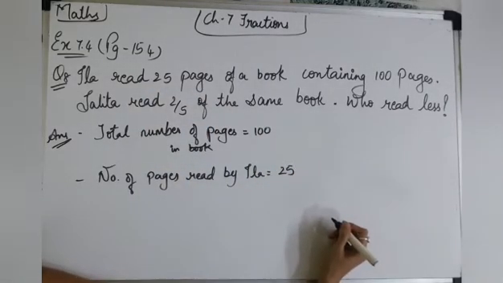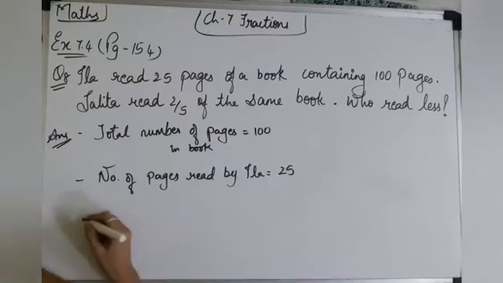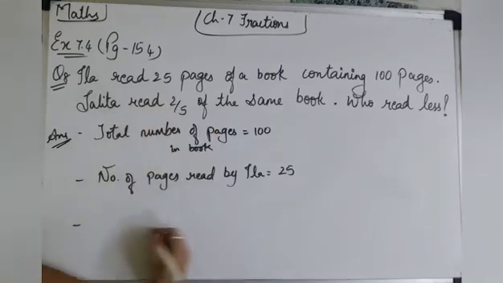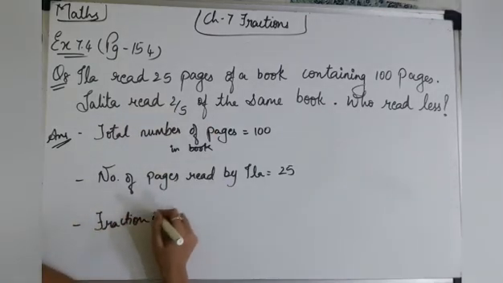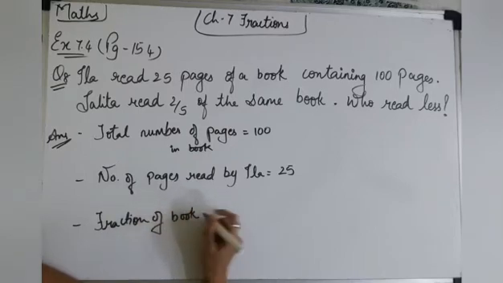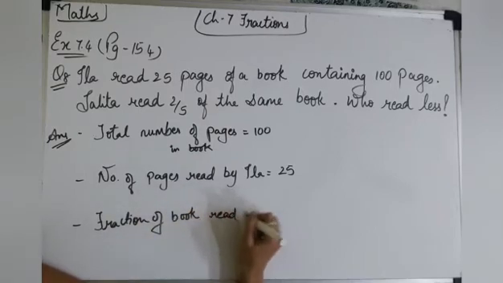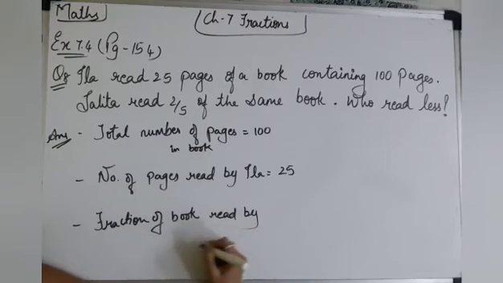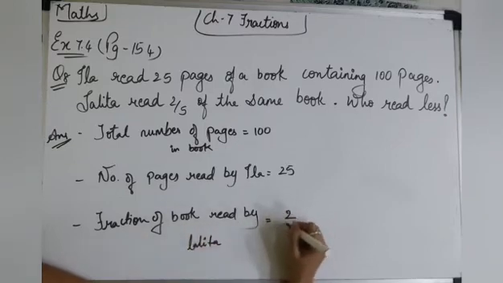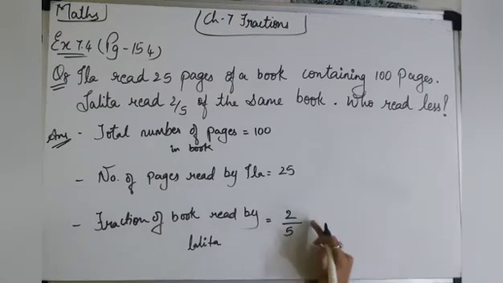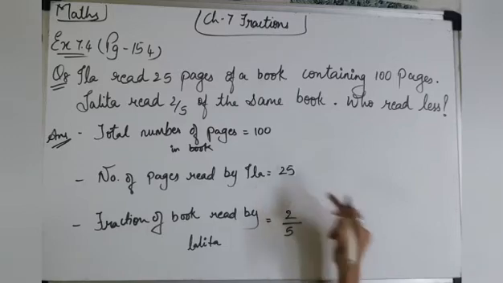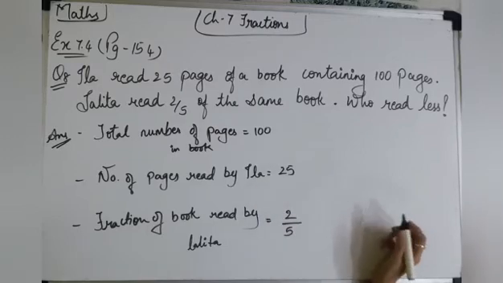Then fraction of book read by Lalita, because fraction is given, as you can see, 2 upon 5. Fraction of book read by Lalita is equals to 2 by 5. As you can see that 1 is given in the fraction and 1 is given in the number, kind of whole number.